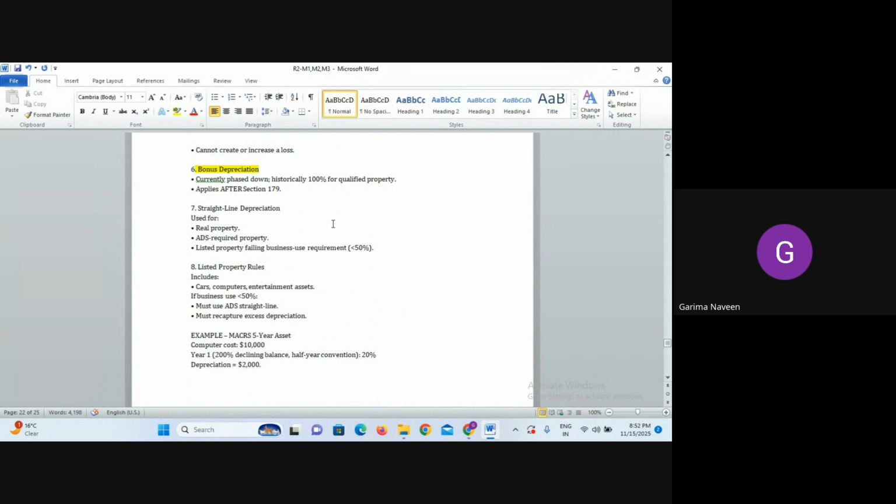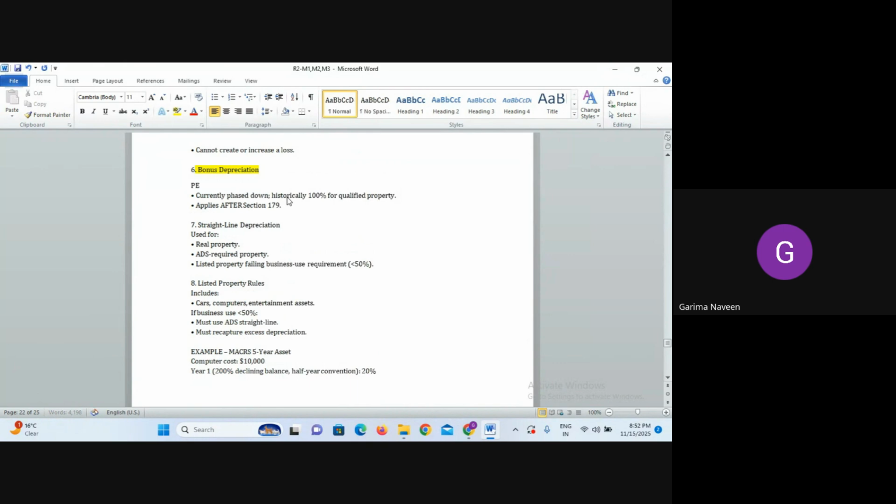It will be applicable for new or used tangible personal property, which should have a maker's life of 20 years or less. It is not allowed for real property.